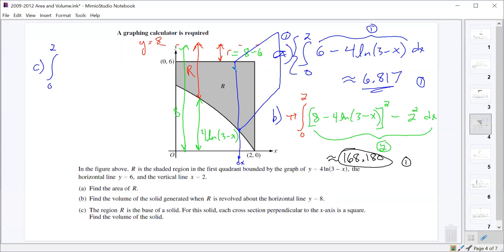And what is the length of this side here? Should be the upper function minus the lower function. And so that should just be 6 minus 4 ln 3 minus x. And since it's a square, the area should be the side length squared dx. 2 points for having this correct, and then 1 point for getting the right answer.